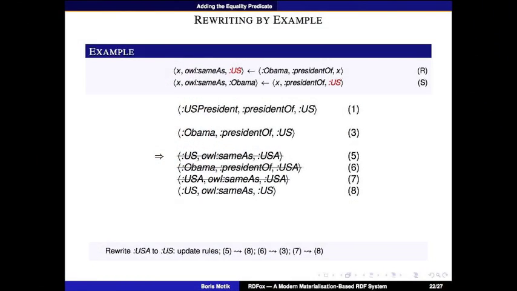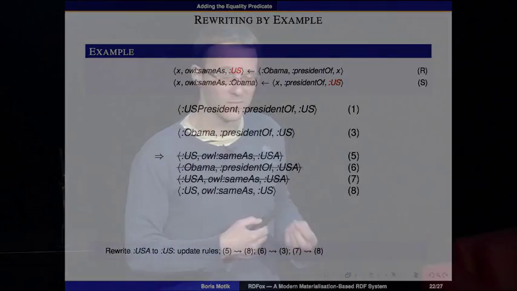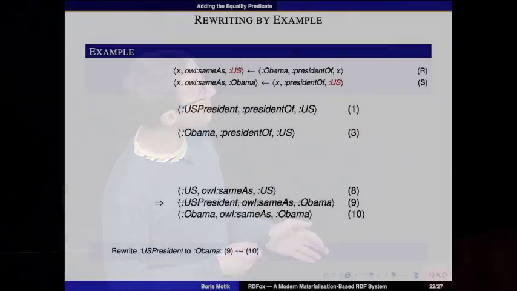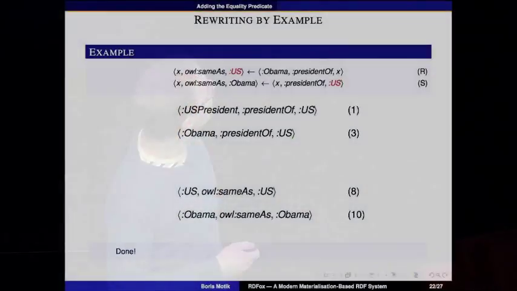In particular, we need to update the rules as well. This particular example has been constructed so that you don't get correct results. You lose completeness, essentially, if you don't update the rules. That adds a layer of complexity, but as I say, I have no time to go into the details here.